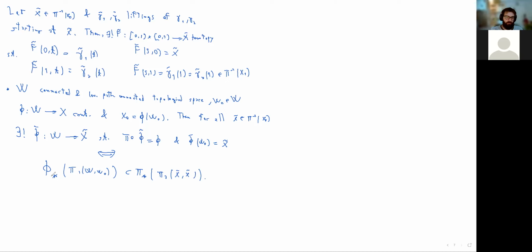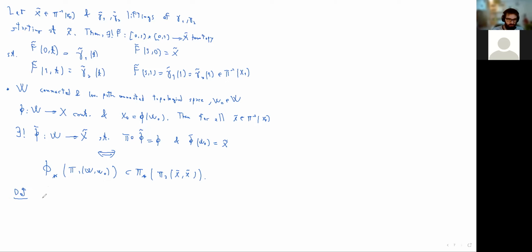Now I don't want to recall what a fundamental group is nor what this induced map is. I hope you remember this, but it is a property which is very important for coverings, and it tells you when you can lift maps into X to maps into X tilde. And it has this property here.